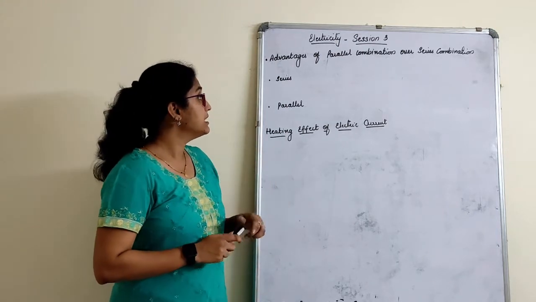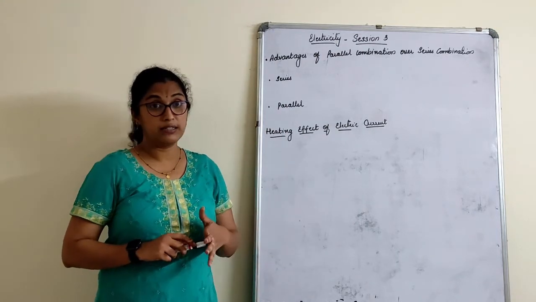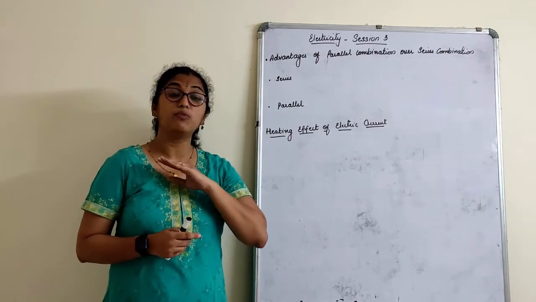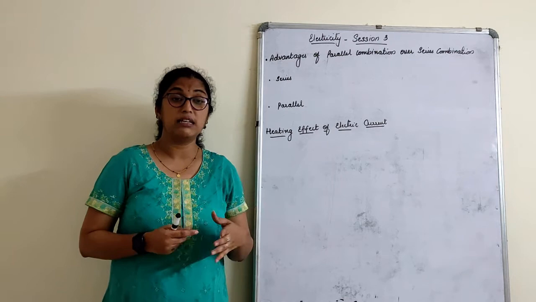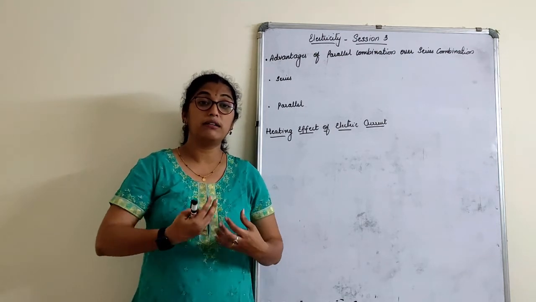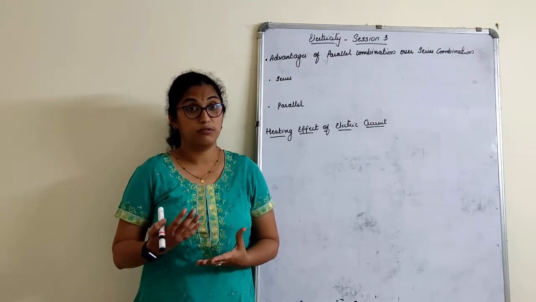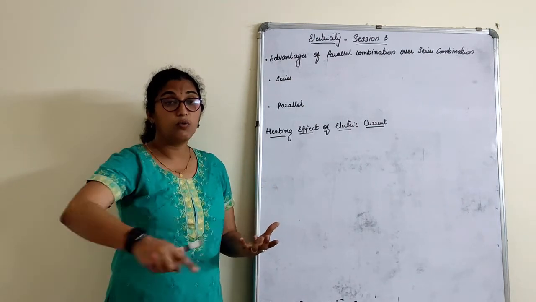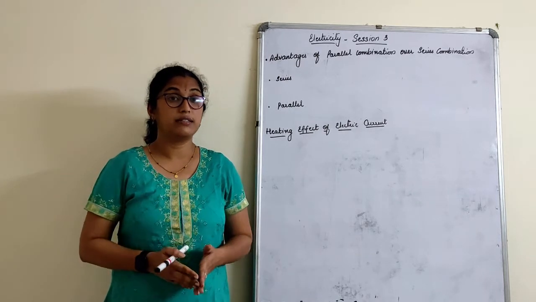That's one point. The second point we have to understand is that in series, since the current drawn is the same throughout all the resistances, a particular appliance might not require that much current to run, right? But since it is in series connection, the current runs the same throughout the circuit.